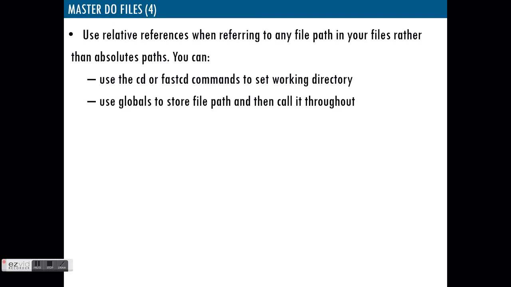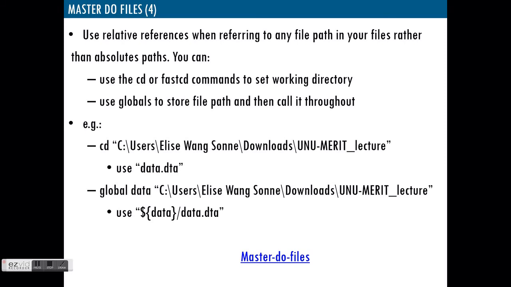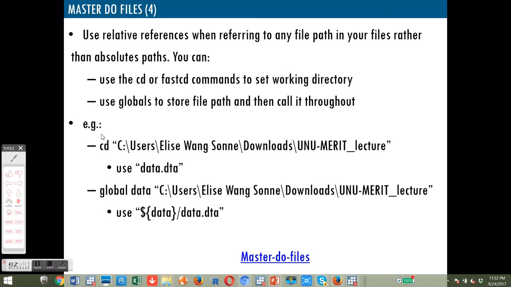And you have to use globals. The globals are commands that help us store information in the memory of Stata. And most of the time you use global when you want to set relative references for your master do file. You use global, and then you specify the path where you have your data set, where you have your do file. That's an example.